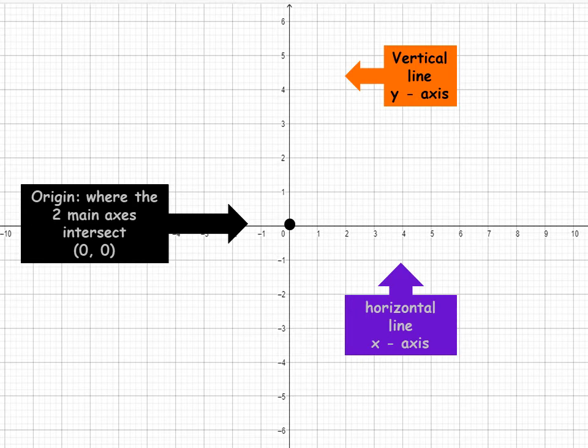All right, and we're going to now look at how we name a point in math. So let us recap. The vertical line is called the y-axis. Very good. The horizontal line is called the x-axis. Awesome. And the point where the two intersect is called the origin. Very good.